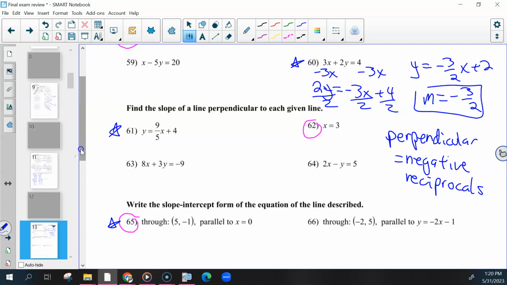So you take whatever the number is, you flip it. If it was negative, you make it positive, and vice versa. So for 61, we're finding the slope that is perpendicular. What would that slope be? Negative 5, 9.